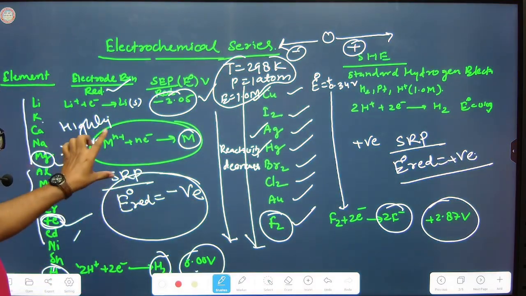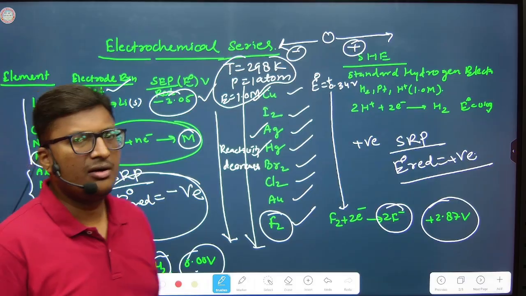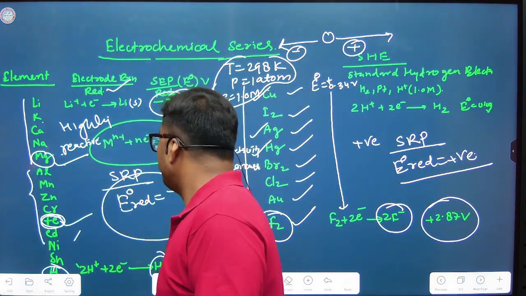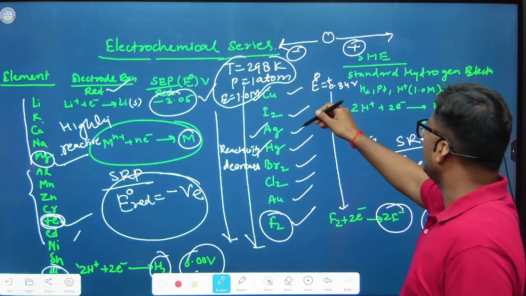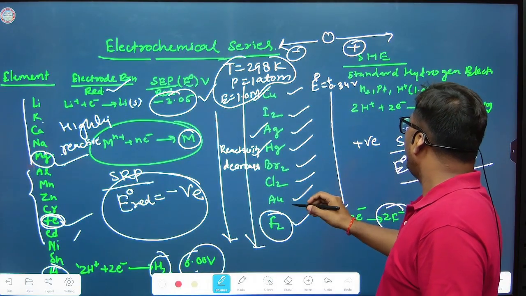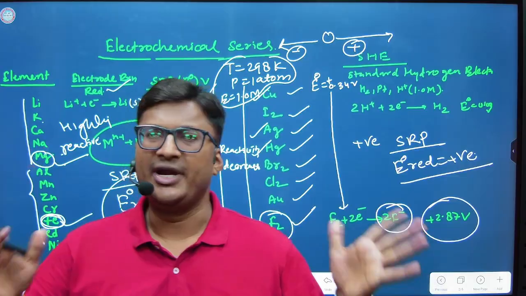They have negative standard reduction potential. Then aluminium, manganese, zinc, chromium, iron, cadmium, nickel, etc. are moderately electropositive metals. And below hydrogen, all non-metals and metals like mercury, silver, gold, platinum are weakly electropositive metals, right?